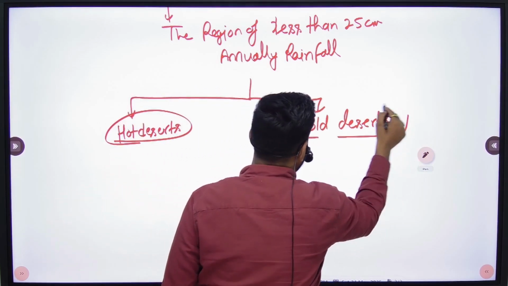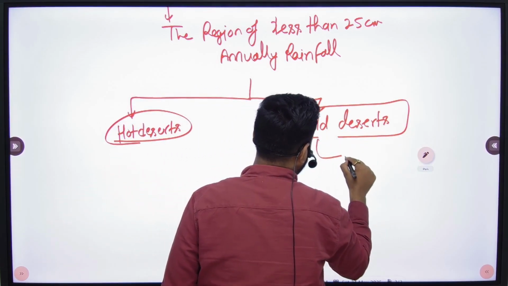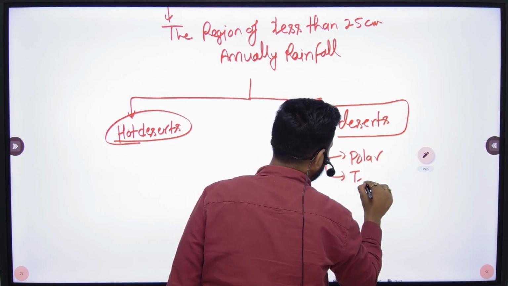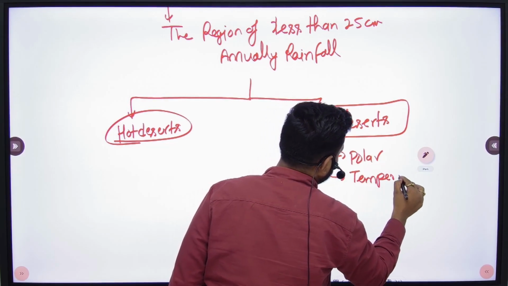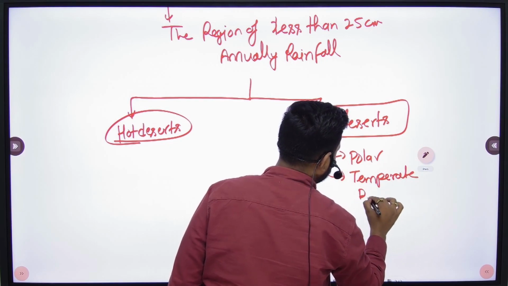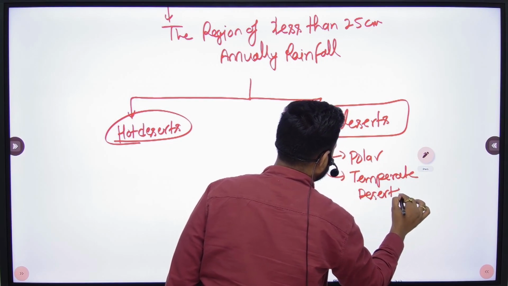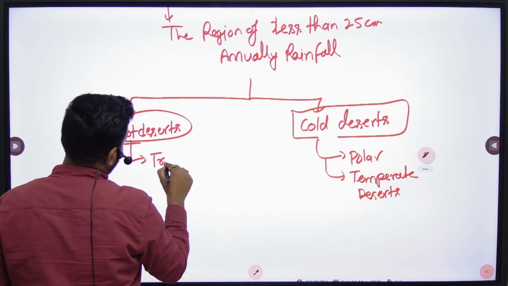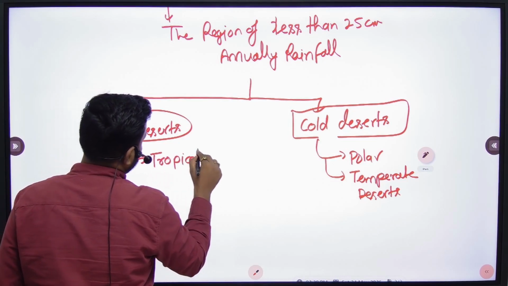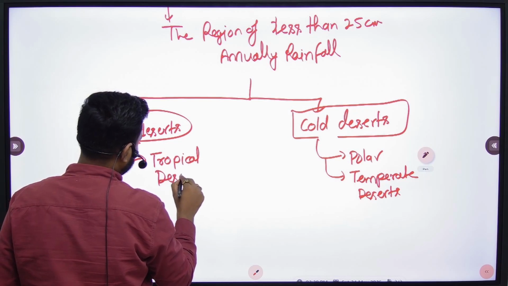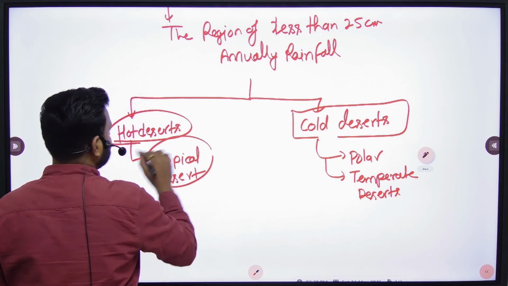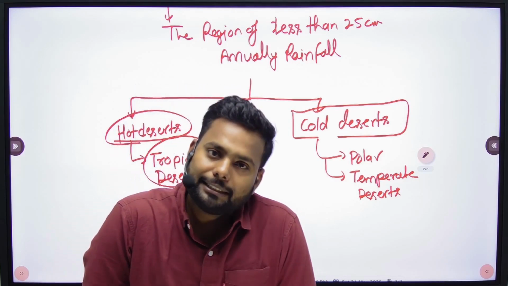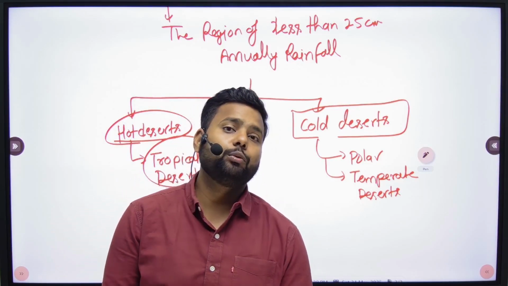You can also call cold deserts polar deserts, or you can call them temperate deserts. And here you can call it the tropical desert. You can start like this. The desert is the area or the region which receives less than 25 centimeter of annual rainfall.